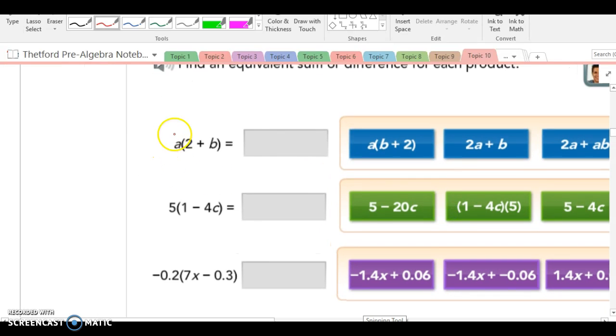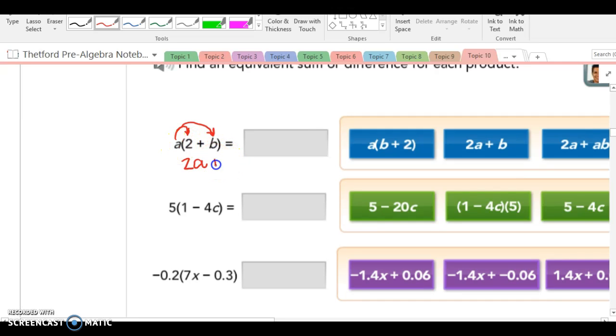When we're looking at this problem, we have A on the outside, and so we haven't had a letter on the outside yet, but I just want you to know it is the same thing. Don't let it scare you. We've had ice cream on the outside now. So again, you multiply A to everything inside the parentheses. So A times 2 gives us 2A.